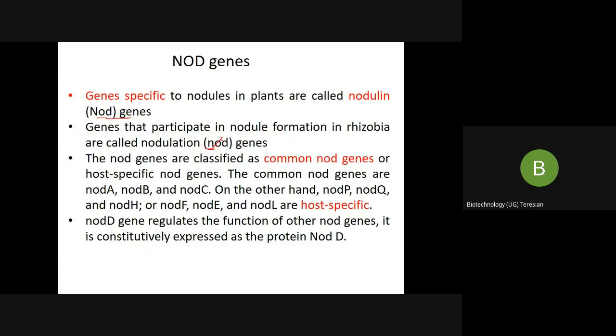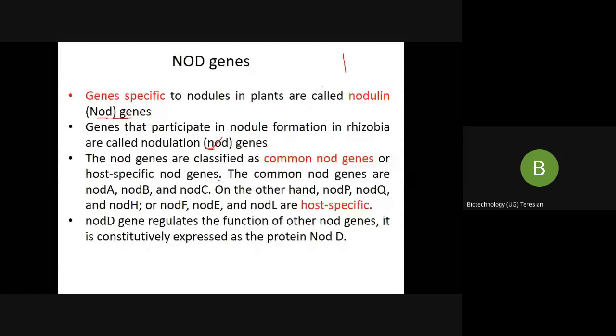These are nod genes. Your plant has the capacity to form nodules only when these genes of the rhizobium participate in nodule formation. So the nod genes are classified as common nod genes or host-specific nod genes.